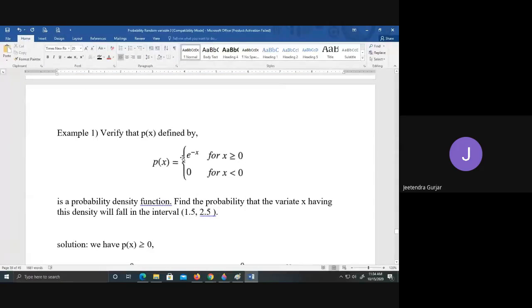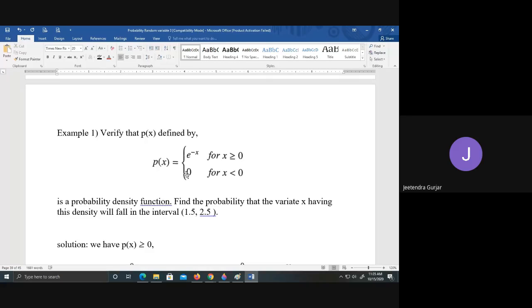Now, very important, students. If you have pen and book, write it down. Verify that p of x defined by p of x is equal to e raised to minus x for x greater than or equal to 0, and 0 for x less than 0.